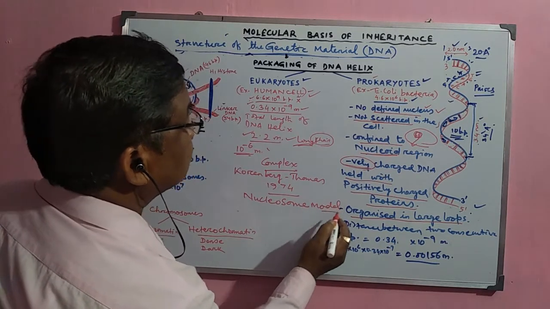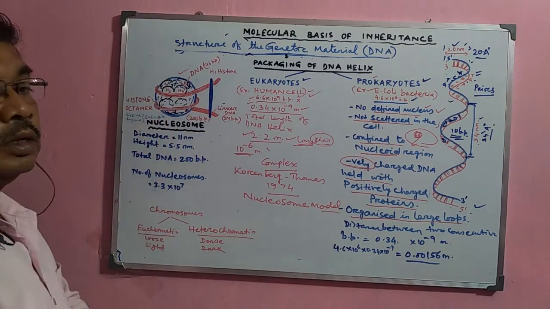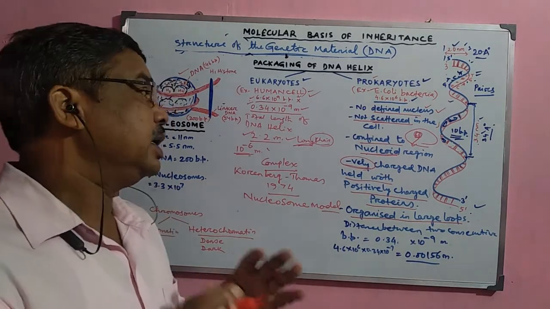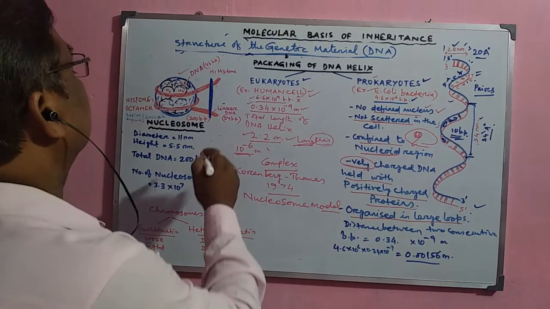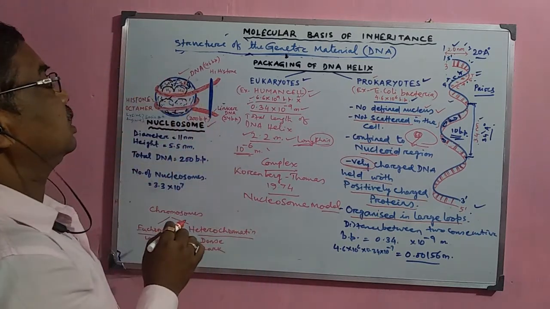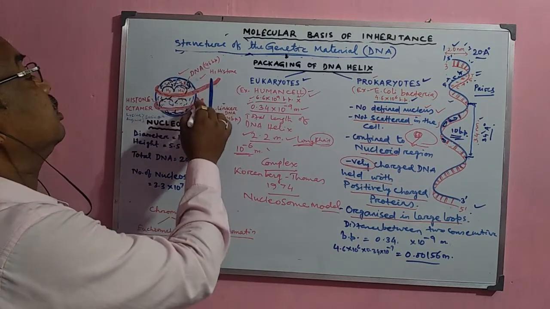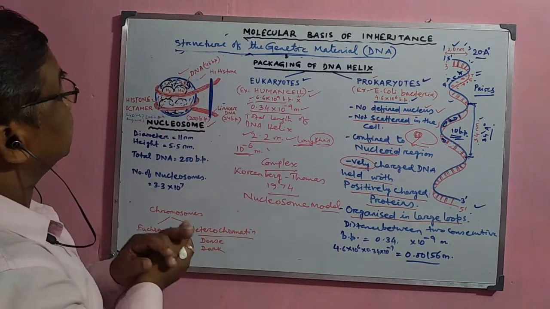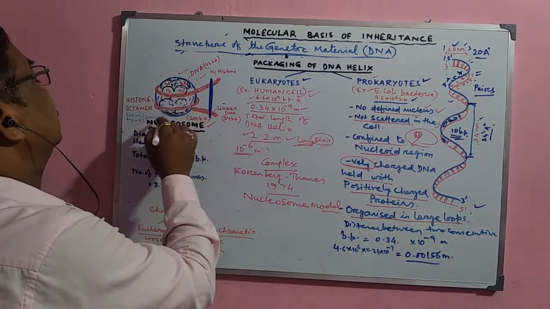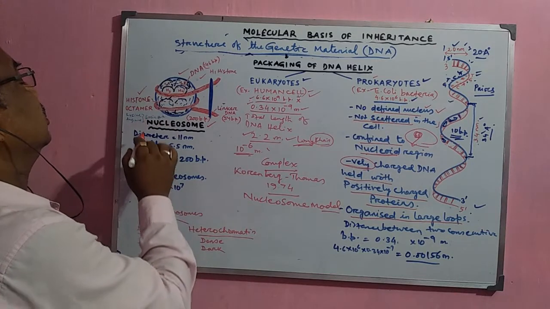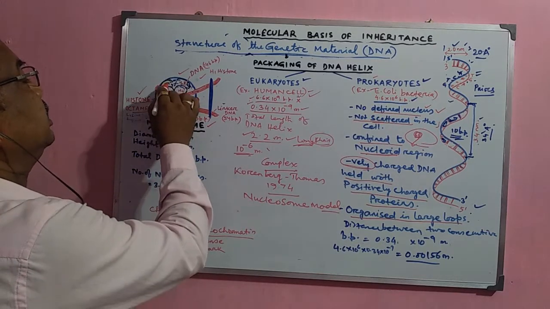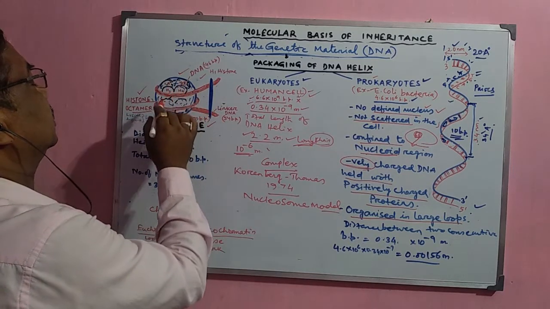According to this nucleosome model, the DNA and the proteins are arranged inside the nucleus in the form of a nucleosome. Then what is this nucleosome and how are the DNA and the protein tightly arranged there? Now this nucleosome consists of a histone octamer. Histone is nothing but a protein, and there are 8 proteins held together.